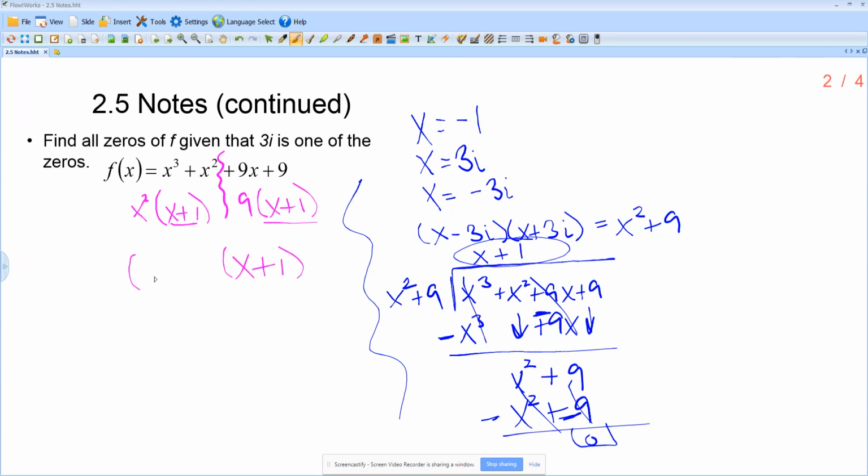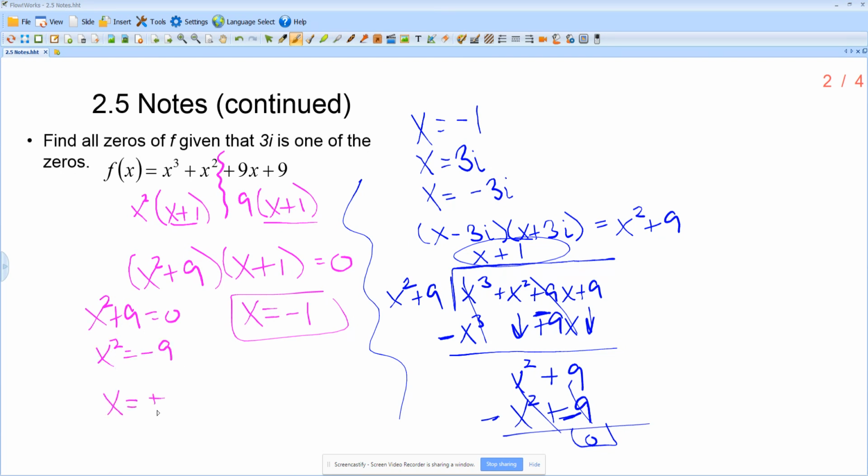And the other two, I just write side by side, x squared plus 9. So now I've factored this. If I were solving these, I set them equal to 0. So I get x equals negative 1, x squared plus 9 equals 0. So x squared equals negative 9, and x equals plus or minus 3i.